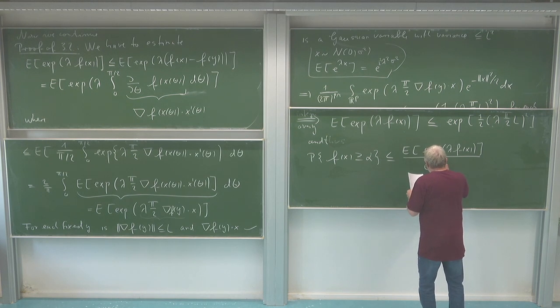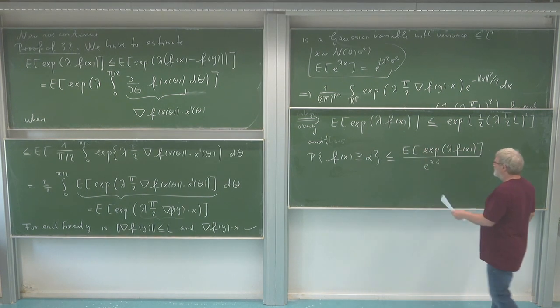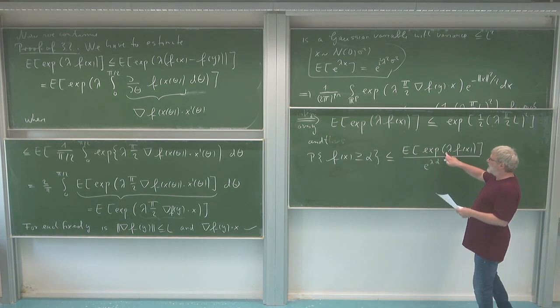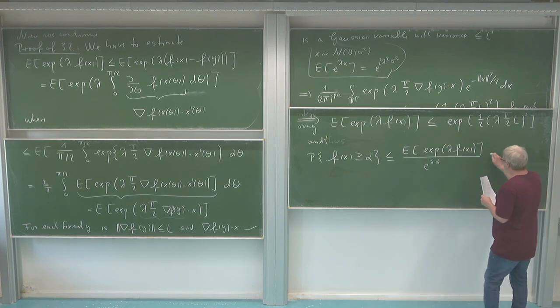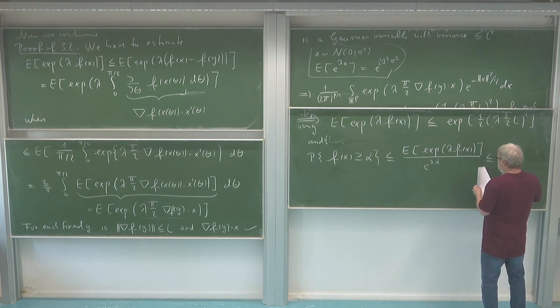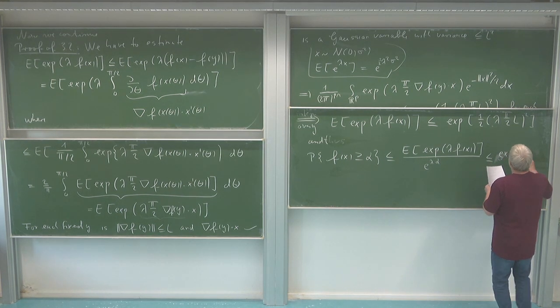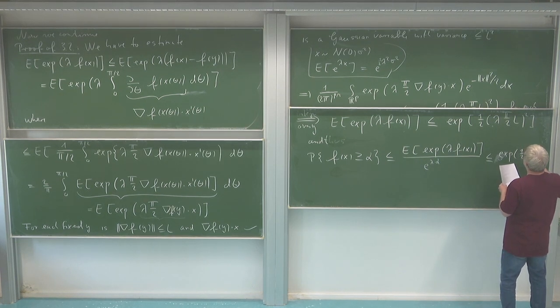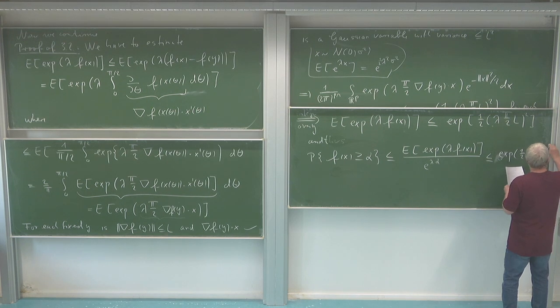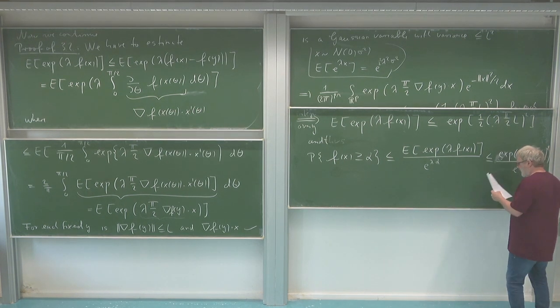But now for this we have got our estimate. This is less than e to the 1/2 lambda pi over 2 L squared divided by e to the lambda alpha.